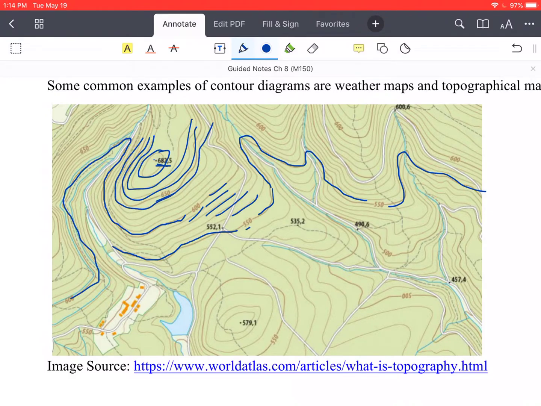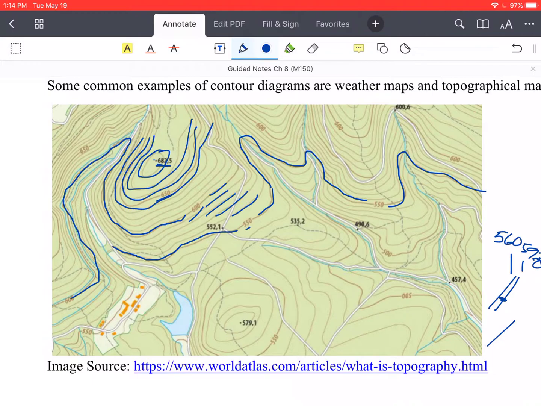These contours are pretty close together because it's growing pretty steeply. If you look on the right side here, two contours that are like that, and this tells me, that's 560 and that's 590 or whatever, that tells me I just went up 30 feet over this distance here.